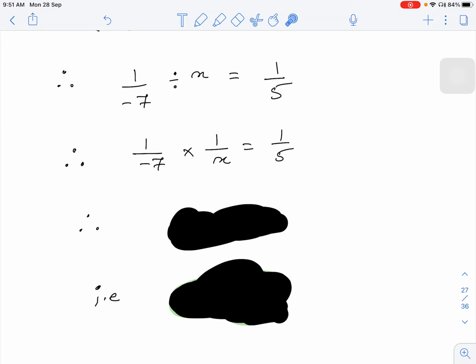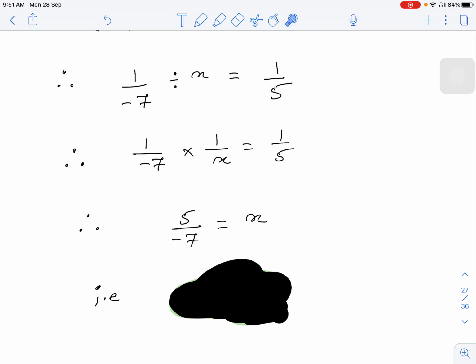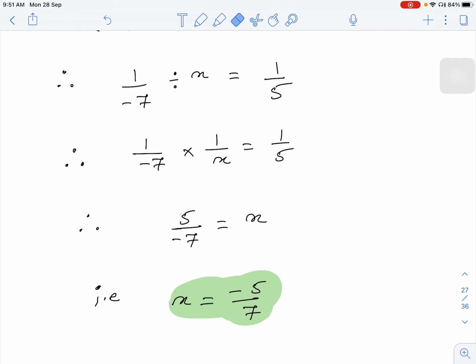Here x is in the denominator, so if we change its side it will come in the numerator, and 5, if it comes on this side, will come in the numerator. So you will get 5 upon minus 7 equals x. We write it in standard form, so you will get minus 5 upon 7 is equal to x.